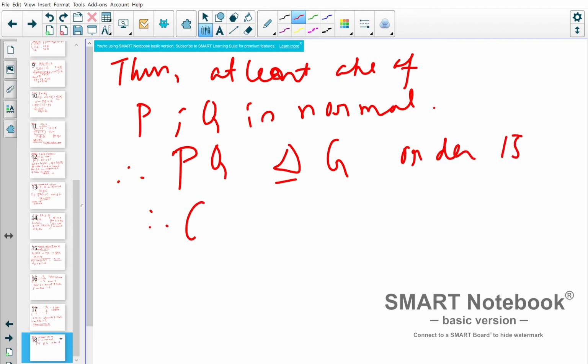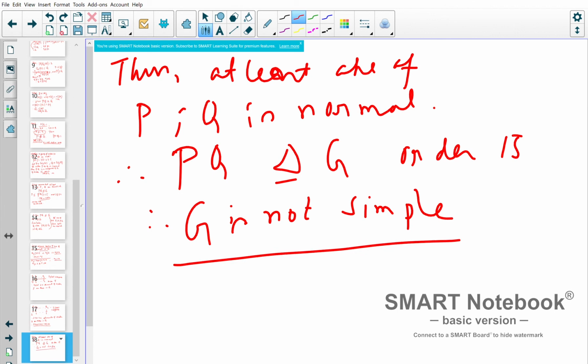So G is not simple. You have a non-trivial normal subgroup of order between 1 and 30, right?